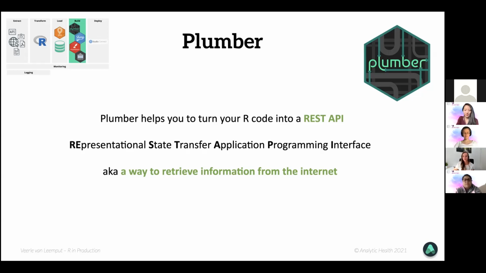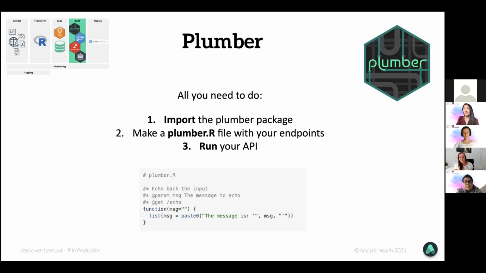And with Plumber, it's actually super easy to turn your R code into an API. And how do you do that? Everything you need is basically import the Plumber package. You make a new file, plumber.r. You define some endpoints, which means if you go to, say, analytichealth.co.uk/API, then your endpoint is API. And then you can run it.